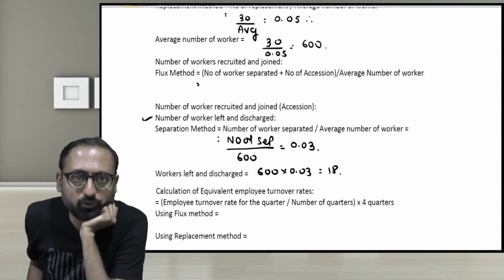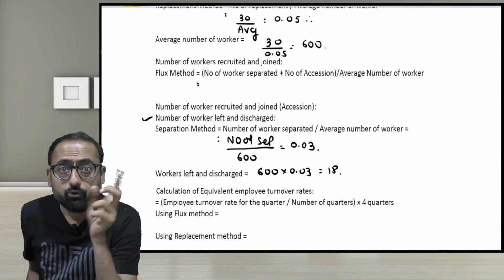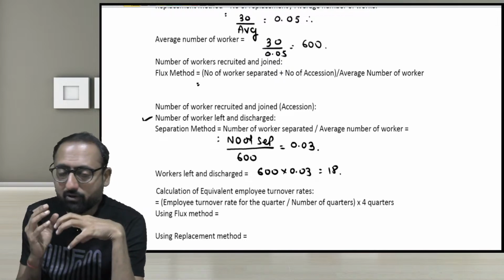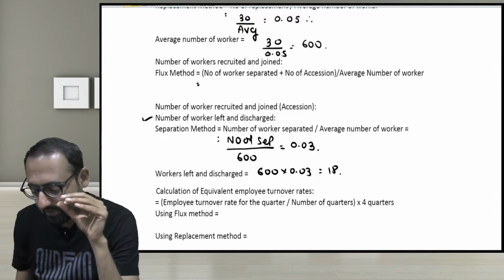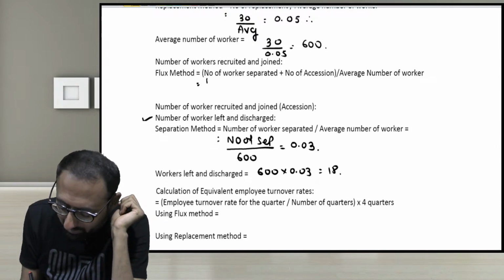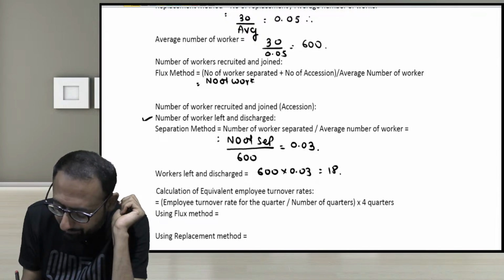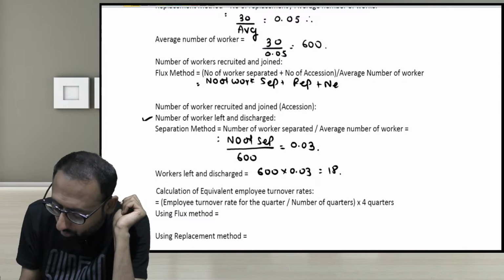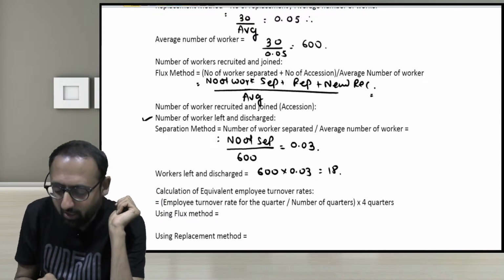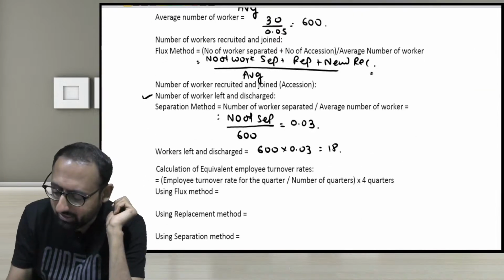So I'll write the flux formula with the help of expansion: number of workers separated plus replacement plus new recruitment for expansion, divided by average number of workers, is equal to, as given, 0.10.